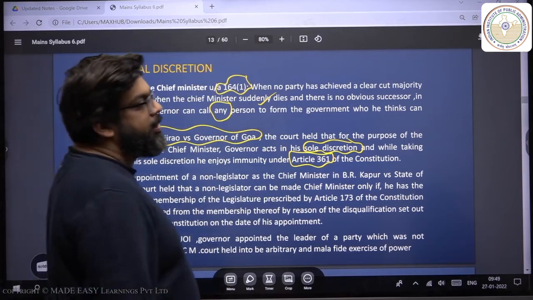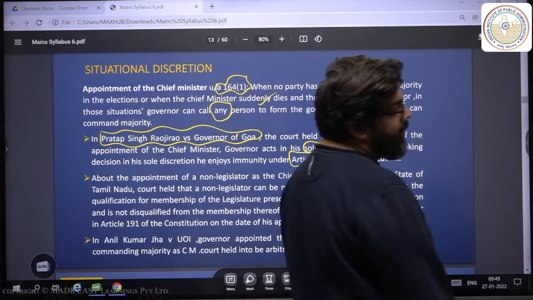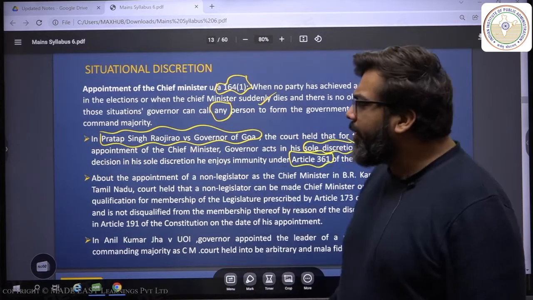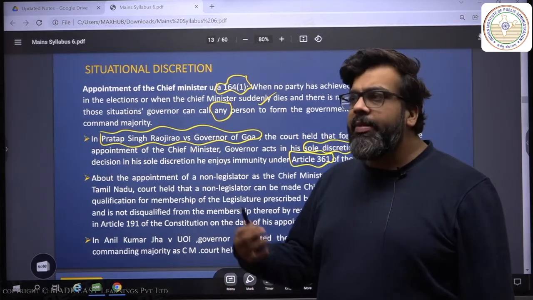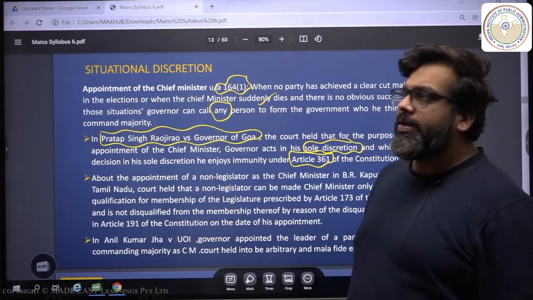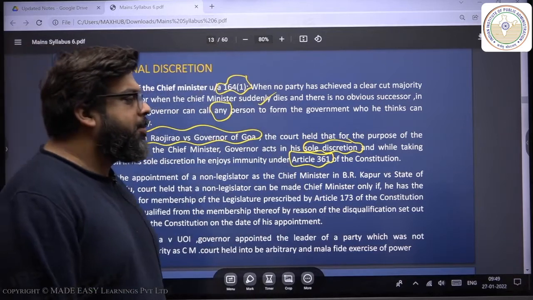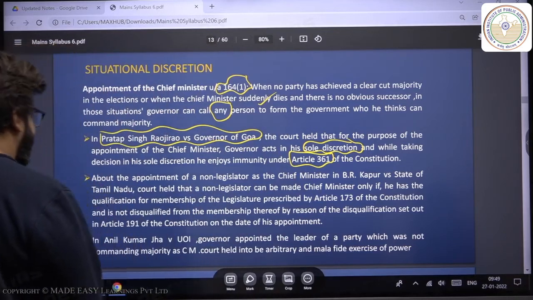So you cannot be charged with fraud, you cannot be charged with conspiracy, no such actions can be taken, because when you don't have a minister to advise you, then you're obviously using your own wisdom and your own mind at that particular time.